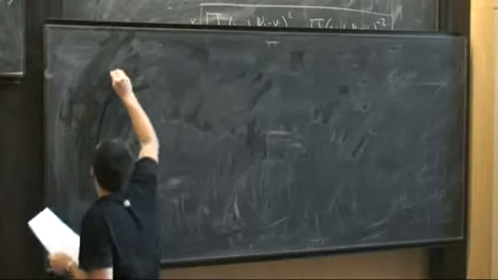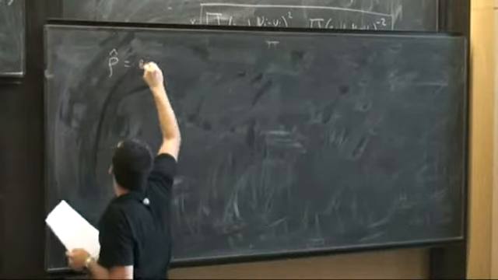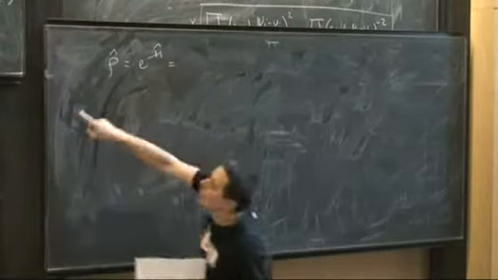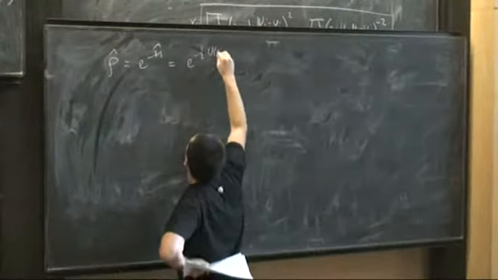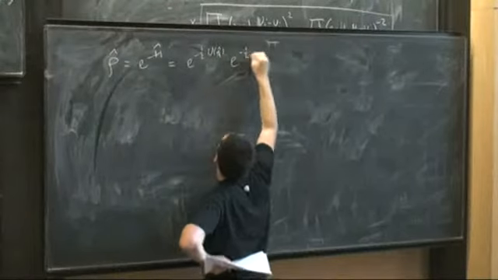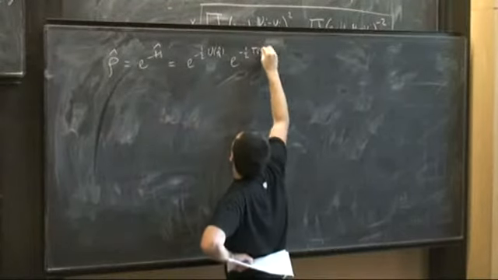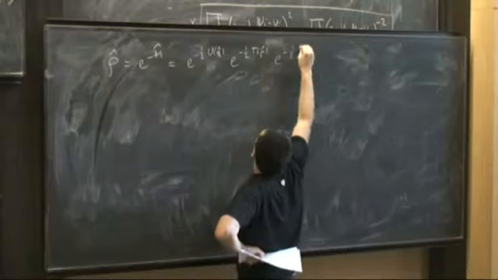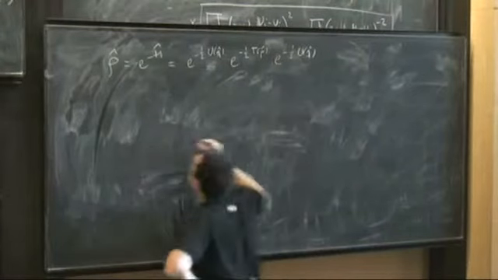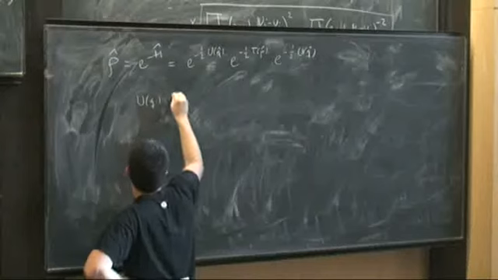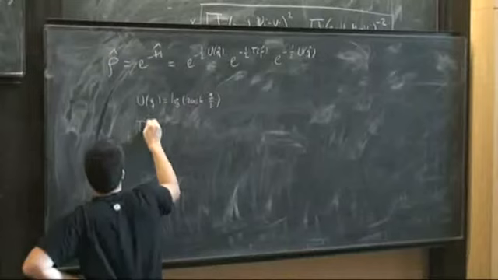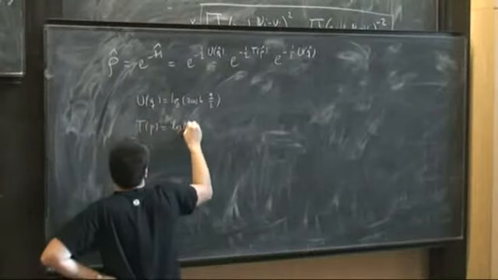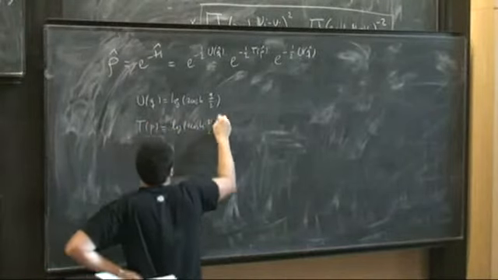If you think about this, let me write rho for the operator, and from that expression you see that this is equal to e to the minus (1/2) T of Q hat as an operator, and e to the minus (1/2) T of P hat, and so on, where U of Q is log of 2 cosh of Q/2, and T is the same function but for P. So this is the operator that you find.